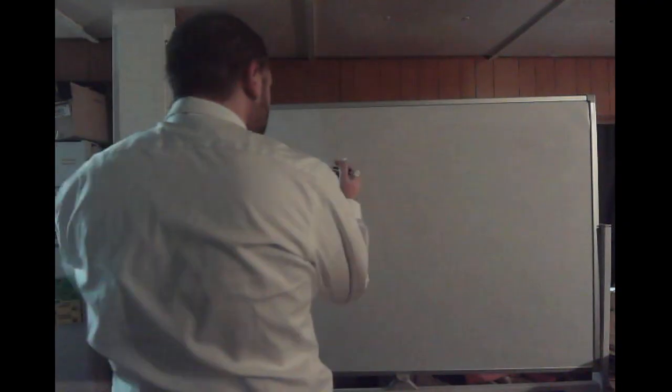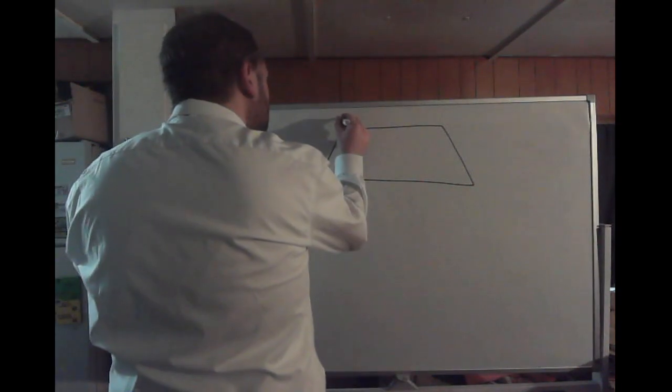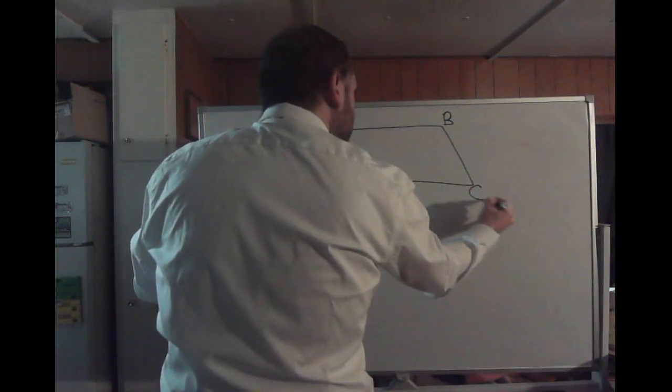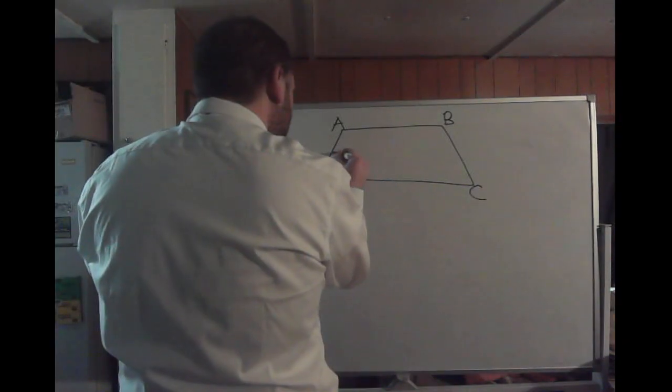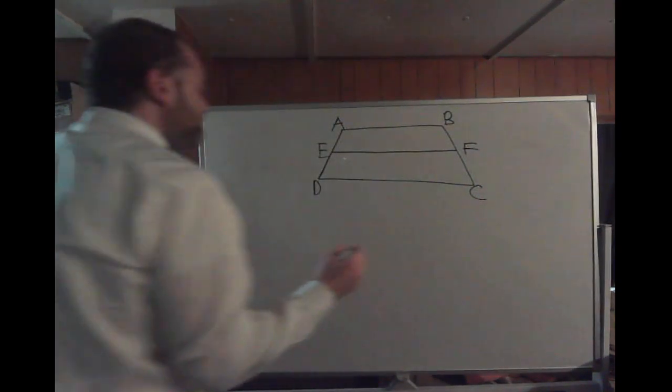Now, I'm going to draw another trapezoid here. We have trapezoid ABCD. What we have now, we'll have points E and F right here.